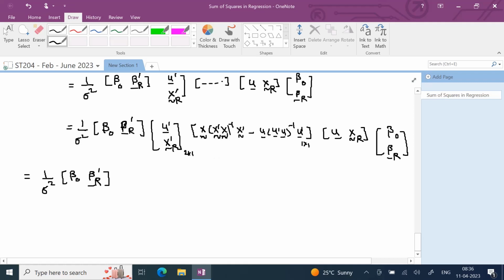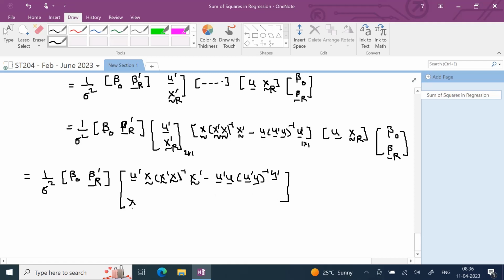This into this will be one entry and this into this will be another entry. So I will have U prime X, X prime X inverse X prime minus U prime U whole inverse U prime as the first entry.